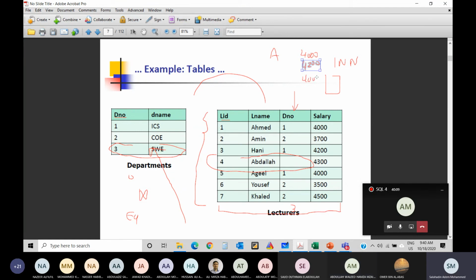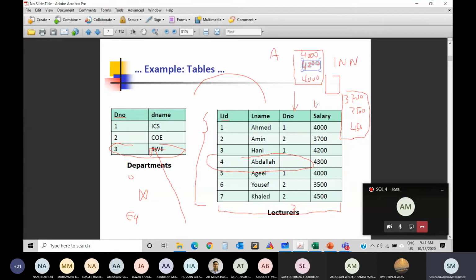So this is the output of the first select statement. What is the output of the second select statement, which is from COE? 3700, 3500 and 4500. So this is the output of the second select statement.